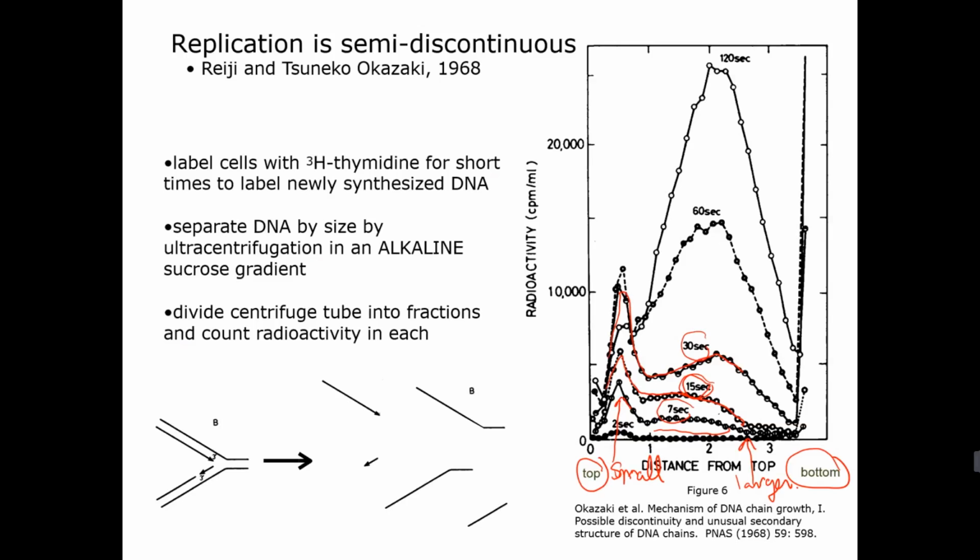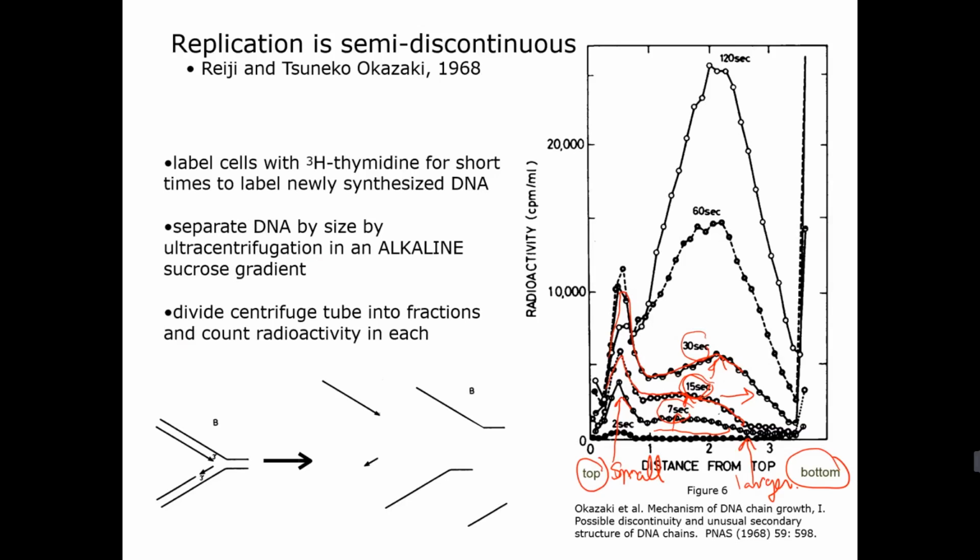You can see that the center of this larger material is shifting to the right at each time point. So even though this looks like continuous synthesis, the strands are actually being elongated and getting longer.